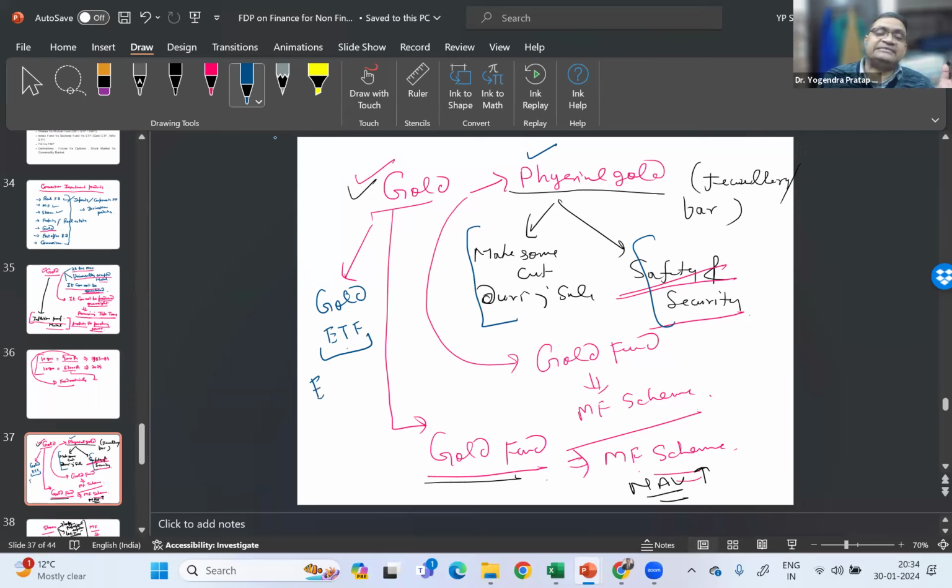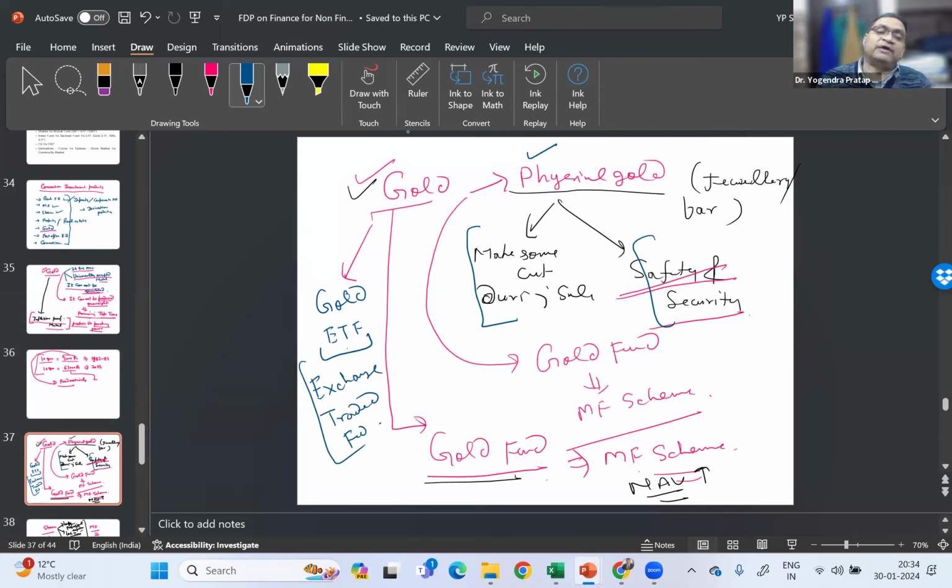ETF means exchange traded fund. Now understand what this is. This is again a very innovative category of mutual fund scheme. Here the fund manager will buy the gold, physical gold, on your behalf.